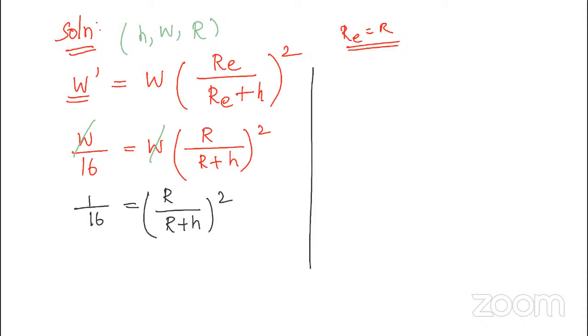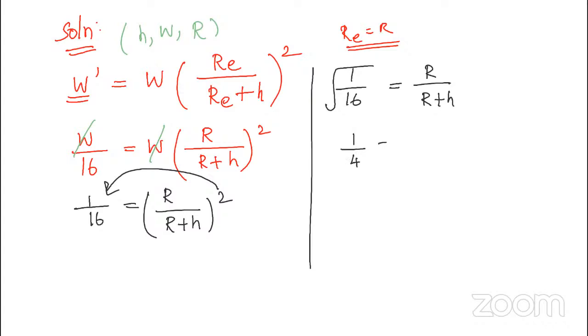So let us now sort this out. The square of 1/16, we bring it here, so the square root gives 1 divided by R plus H. Taking the square root, 1/4 is equal to R divided by R plus H. So R plus H is equal to 4R.